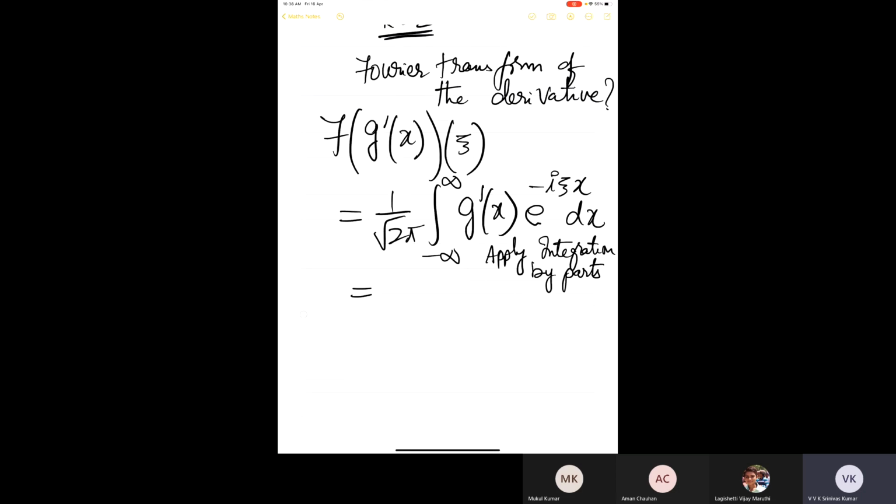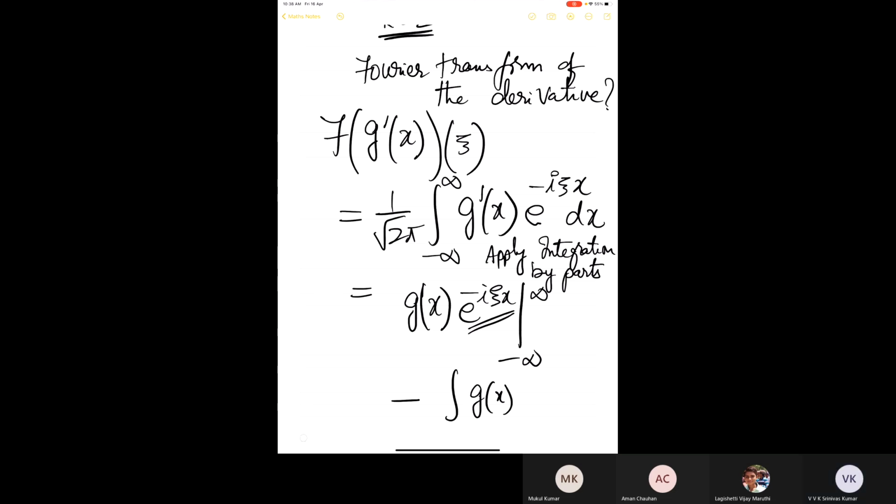We keep g prime as it is and integrate the exponential minus i xi x, evaluated between the limits, minus the integral of g of x into the derivative of this with respect to x.